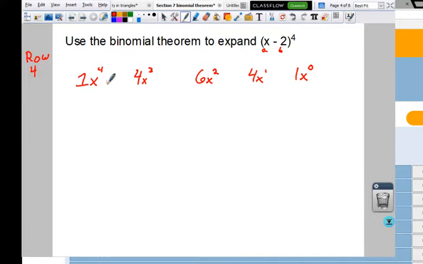So negative 2 to the 0, negative 2 to the 1, negative 2 to the 2, negative 2 to the 3, negative 2 to the 4. And then we just separate all these with plus signs.